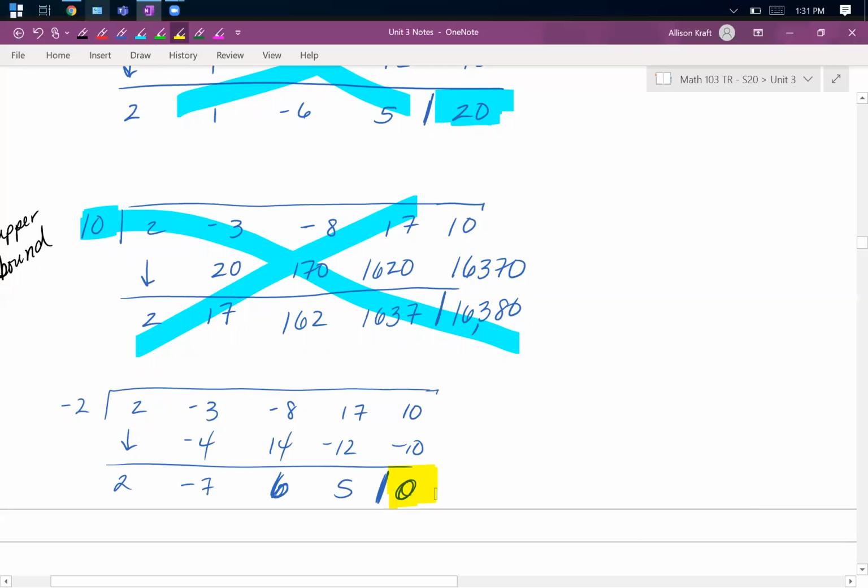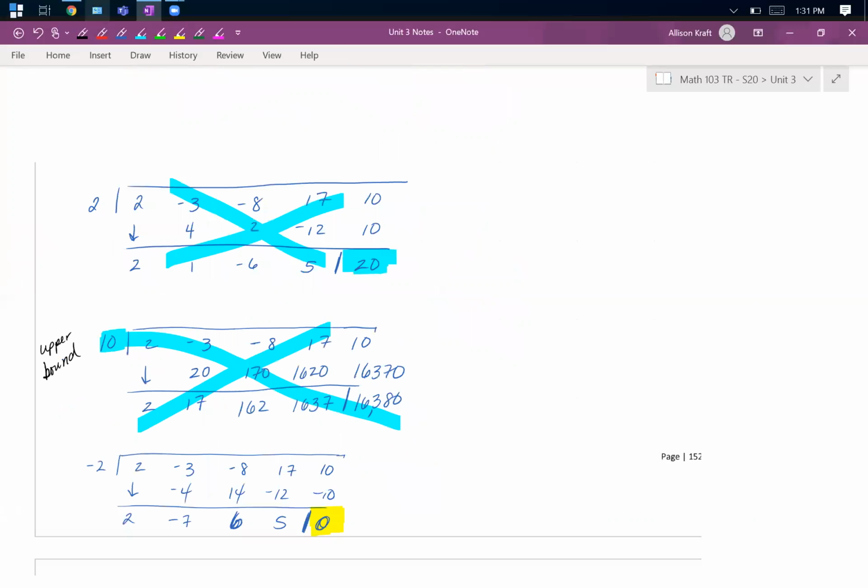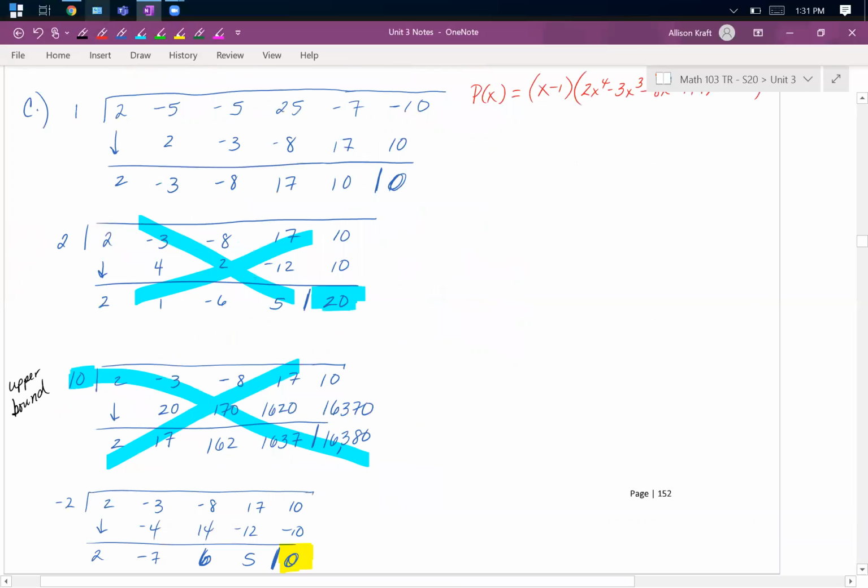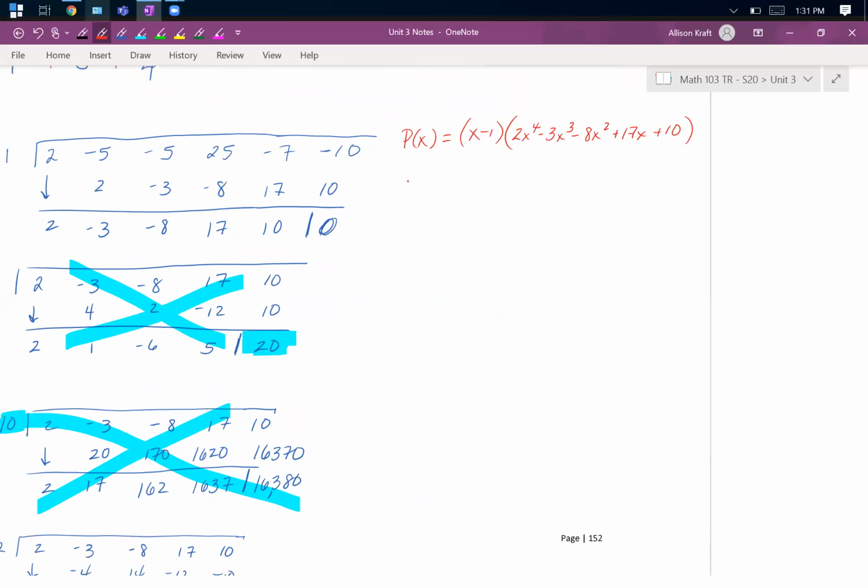That tells us we have another 0, and if we have another 0, we have another factor. So let's get back to factoring this P of X. We have X minus 1 from the beginning.